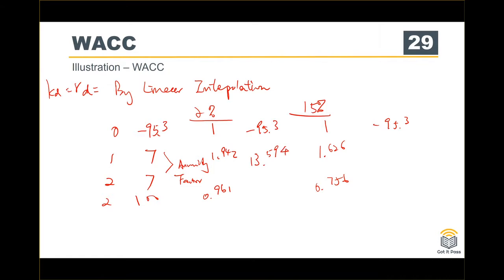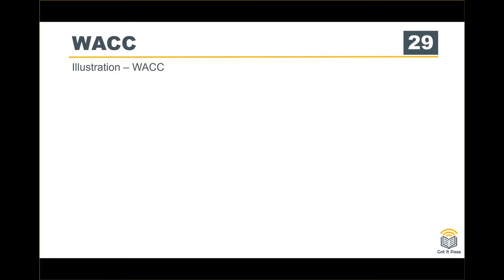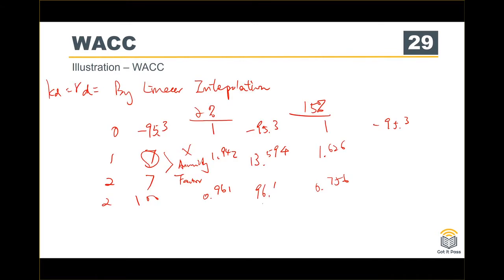You use $7 per year times this annuity factor, so you got 13.594, and for the 2 years repayment is 96.1. So you got how much? Is 14.4. And for 15%, follow the same logic. I'll work it out for you.